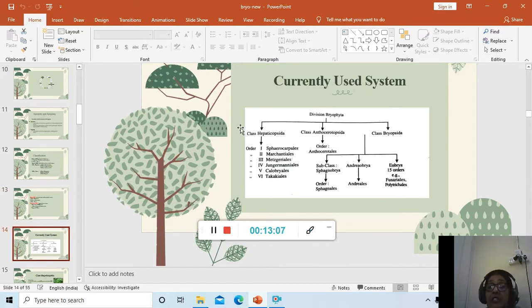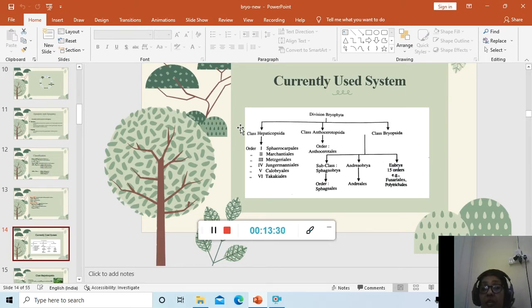In the current system of classification, the division Bryophytes is divided into three classes: Hepaticopsida, Anthoceropsida and Bryopsida. The class Hepaticopsida is divided into 6 orders: Spherocarpales, Mercantiales, Metzgeriales, Jungermanniales, Calobriales and Tachachiales.